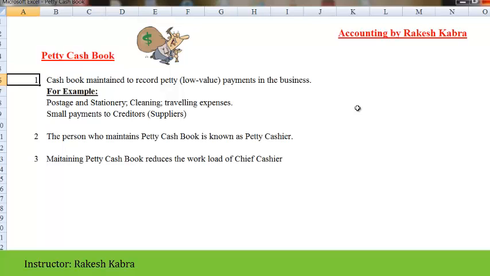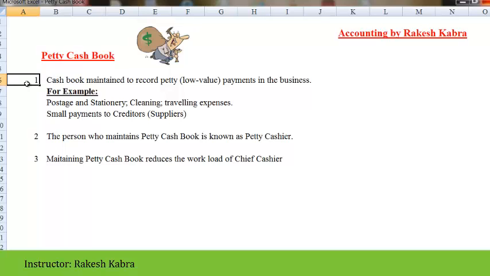So in business we make small payments of low value, and such payments are known as what? Petty payments. And to record such payments we maintain the petty cash book. We appoint a separate person to maintain the petty cash book, and that person is known as what? Petty cashier.